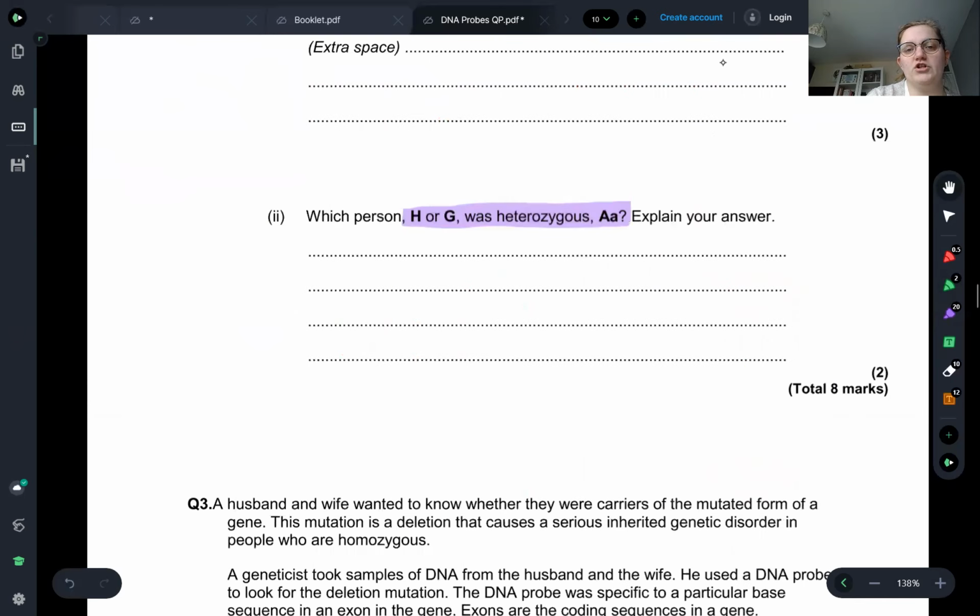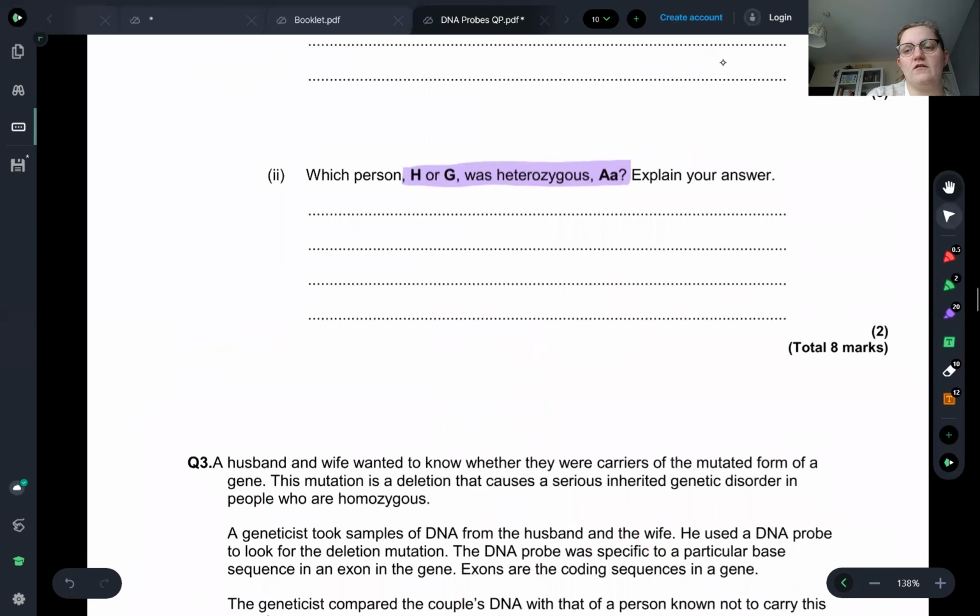So first part of this question, who is heterozygous? 1st mark, even if you don't put anything else, just put G, you will get 1 mark. Now you are asked to explain your answer to then get your 2nd mark.